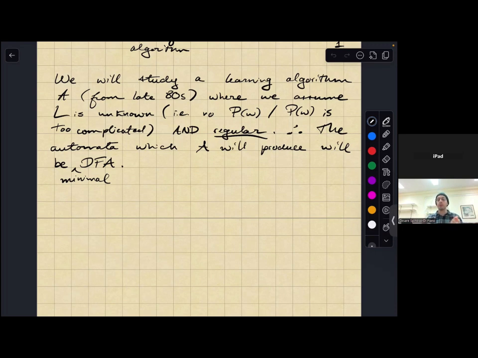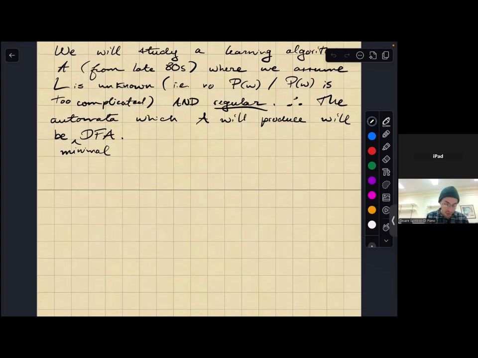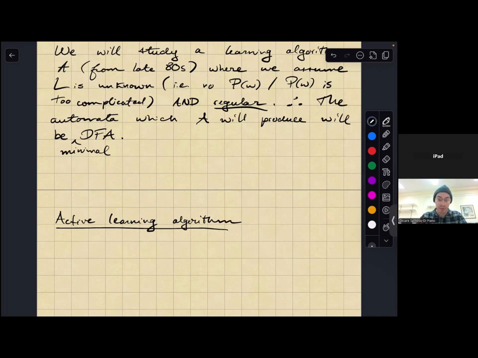So now I'm going to give you a much more specific setting in which we're going to be dealing with. This setting is actually referred to as active learning in machine learning circles. So we will be designing an active learning algorithm. Why do we call this an active learning algorithm?